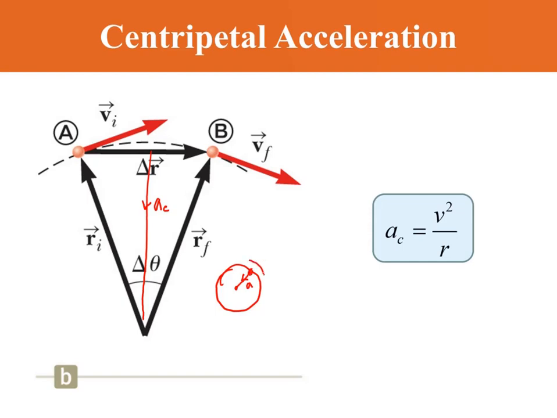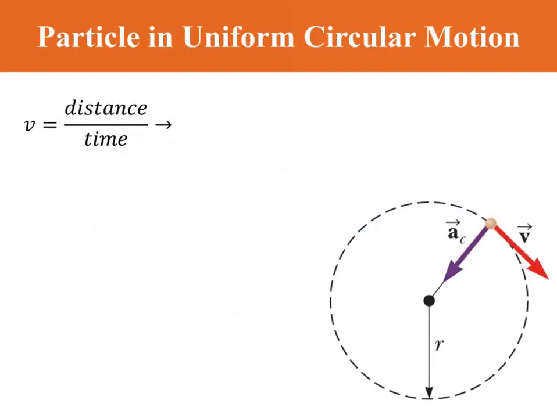So let's say you have an object moving in a circular motion, you will have centripetal acceleration toward the center. So this will be a_c. Velocity, as you all know, is equal to distance over time.